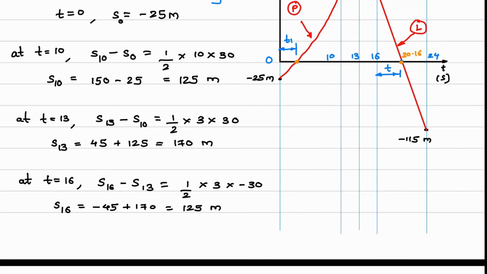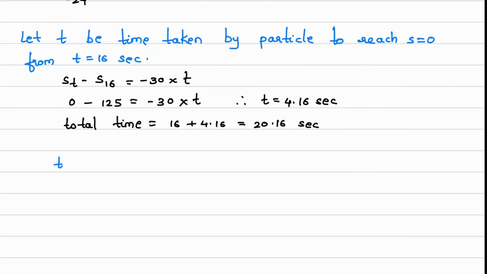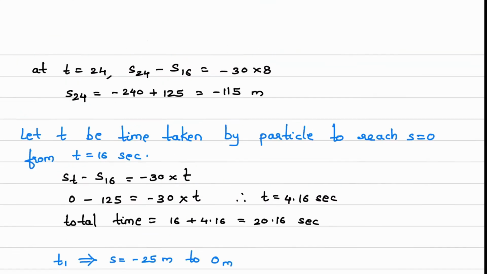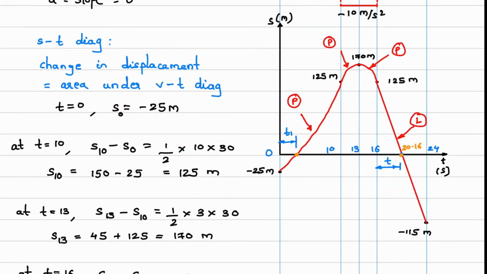Suppose T1 is the time to reach from minus 25 meters to 0 meters. So ST1 minus S0 is equal to, what will be the area? Just see the VT diagram.